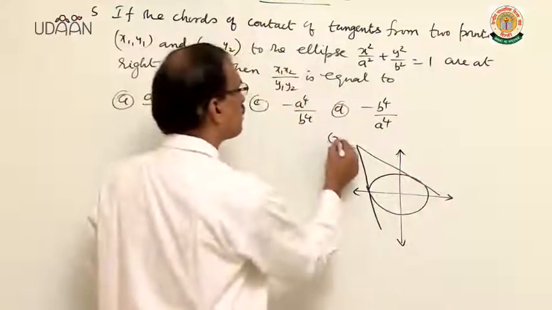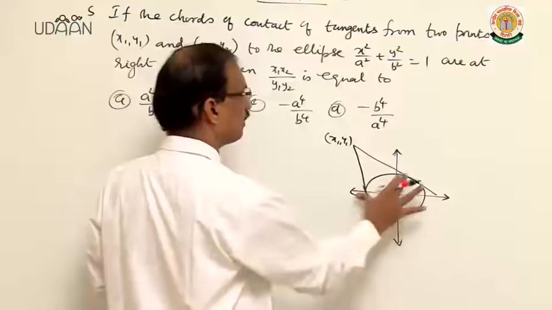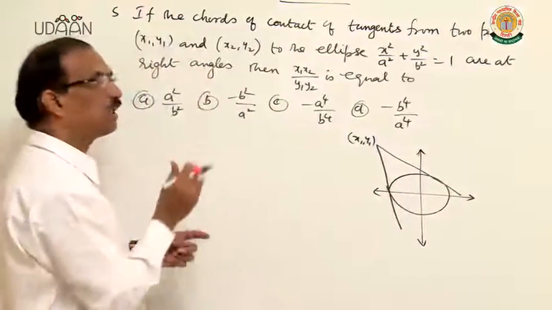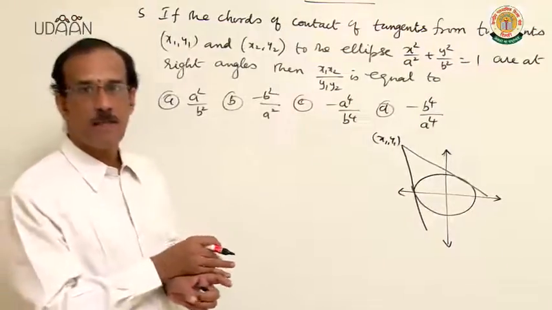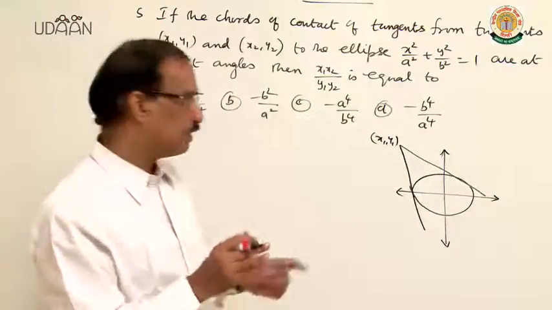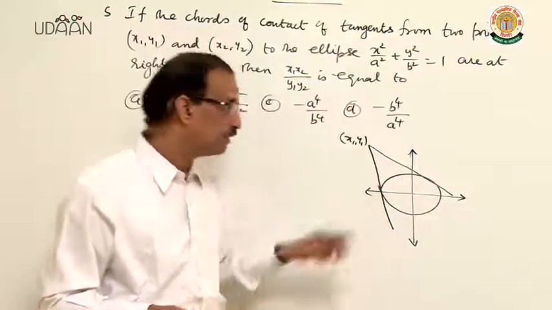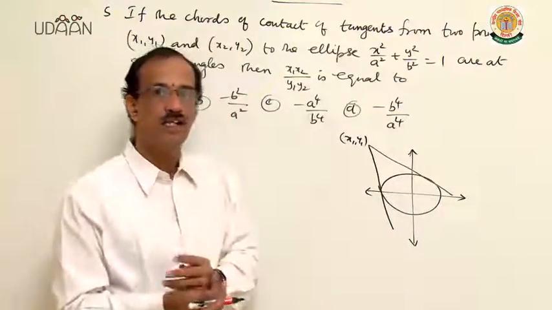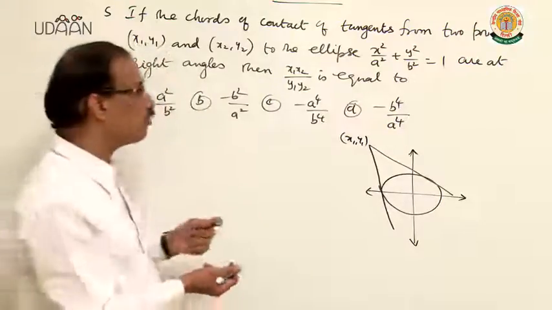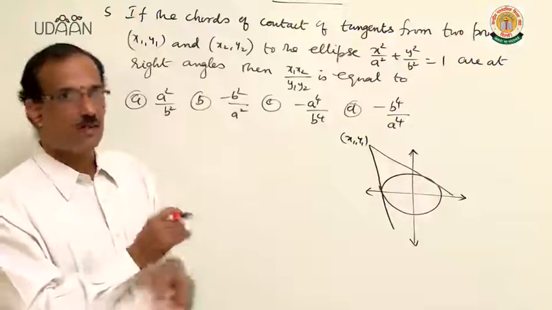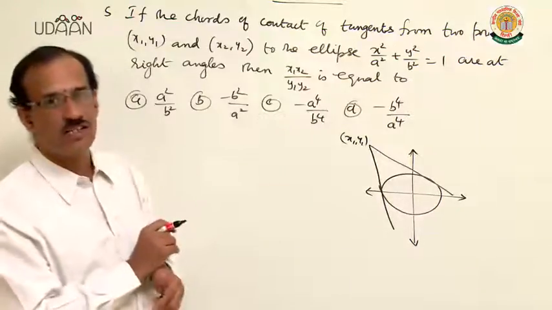The equation of the chord of contact looks like the tangent line, but for a tangent the point is on the ellipse, whereas here the point is outside the ellipse. That is the only difference. Otherwise the equation looks the same as the equation of a tangent at that point.